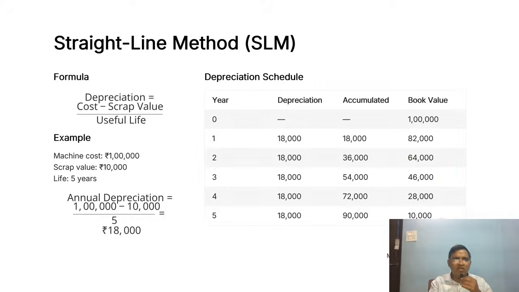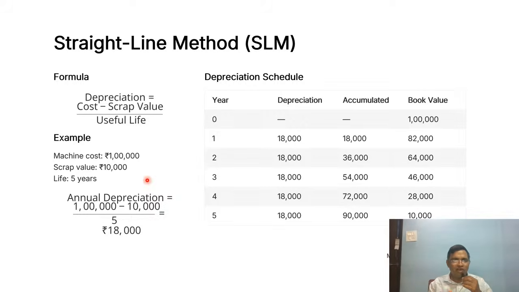So this is how the straight line method works. If they ask in the straight line, just keep this example: depreciation equals cost minus scrap value divided by useful life. They will give the scrap value, the life, and the cost of the machine, so that you can prepare the straight line method.